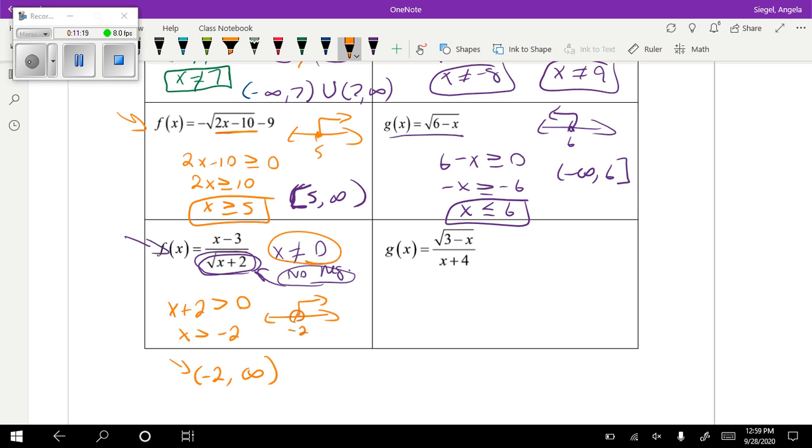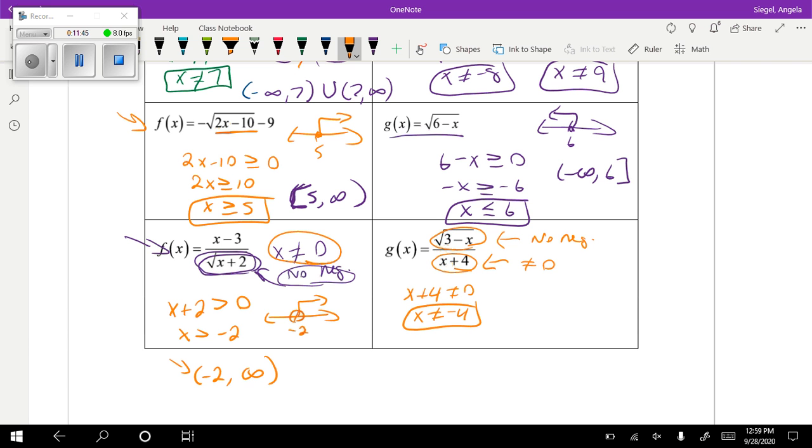Now, we have two different things going on in this problem. So this one can't be equal to 0, and this one can't be negative. I'd say no negatives again. So we kind of have to take this in two separate parts. So I'm going to say x plus 4 not equal 0, x not equal -4. So there's one piece to it.